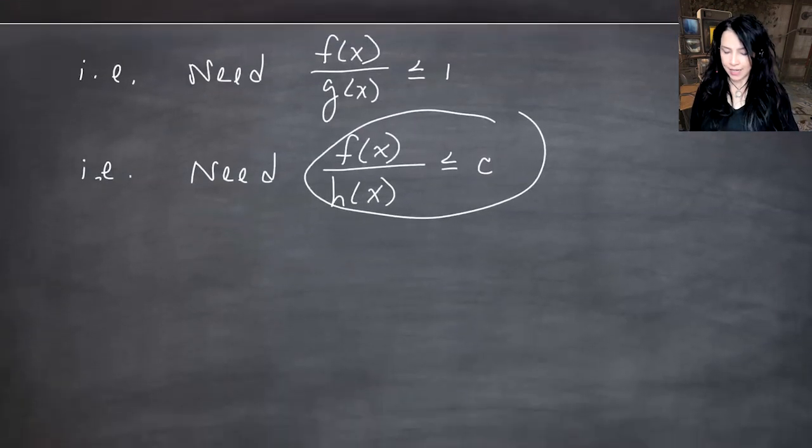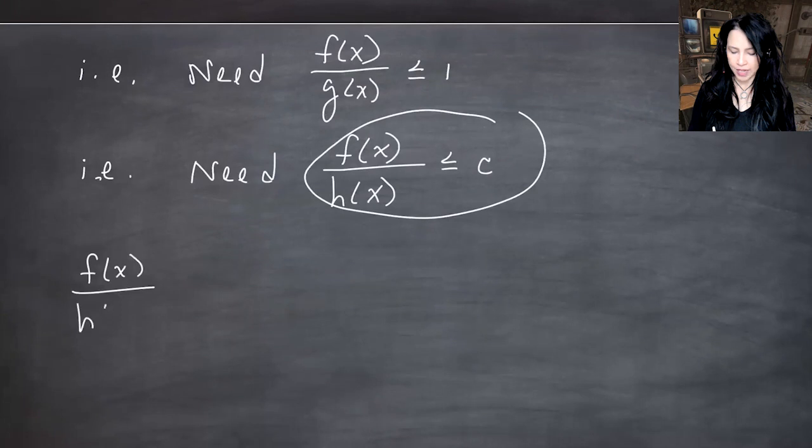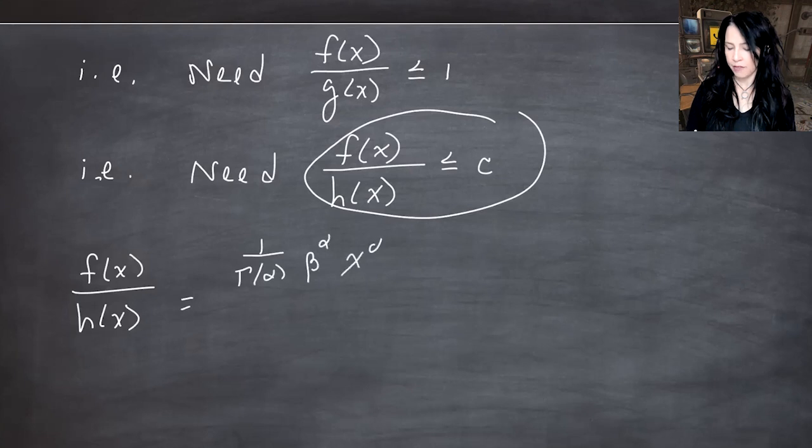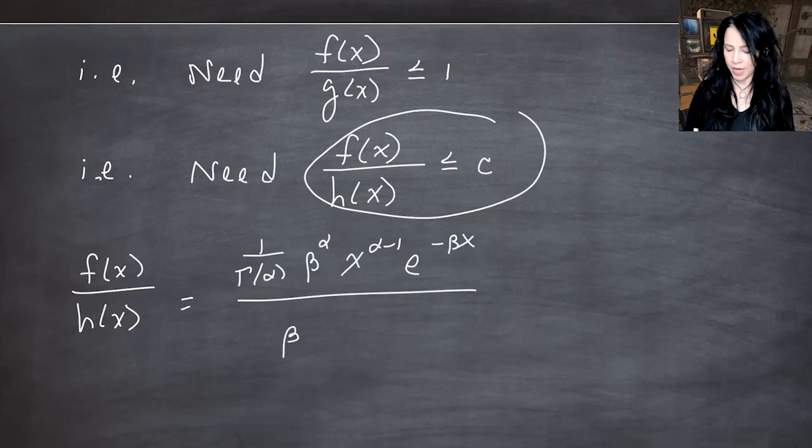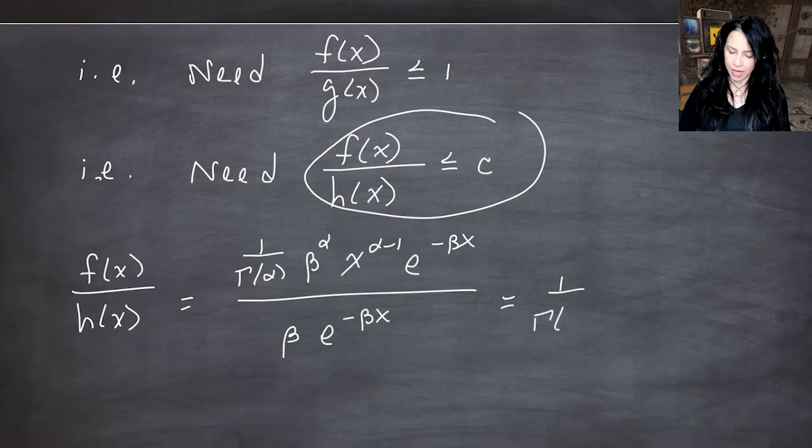So let's look at f of x over h of x. This is 1 over gamma of alpha, beta to the alpha, x to the alpha minus 1, e to the minus beta x. And down here I have beta, e to the minus beta x. And when I cancel some stuff, I get 1 over gamma of alpha, beta to the alpha minus 1, x to the alpha minus 1.